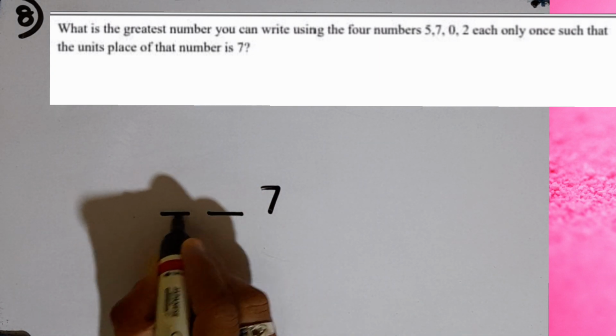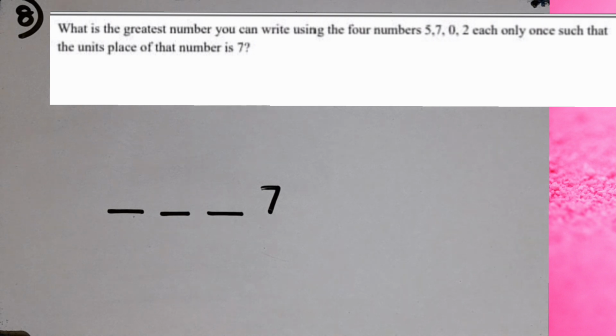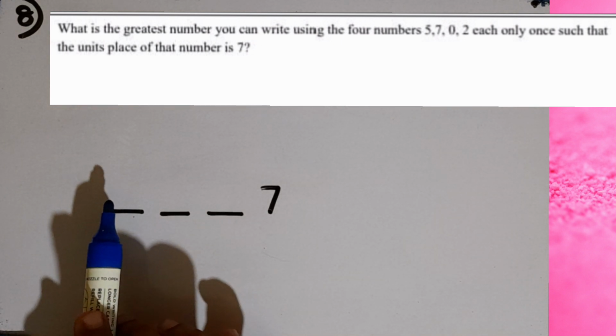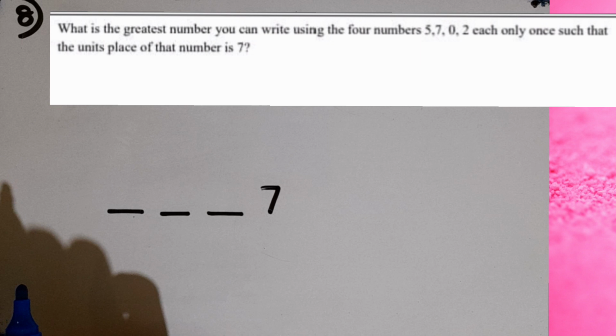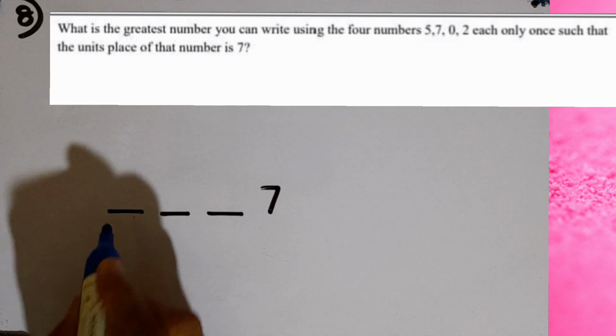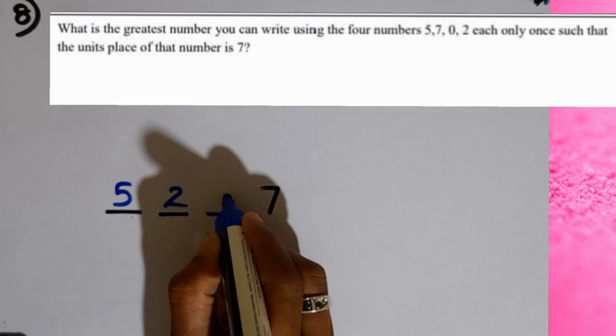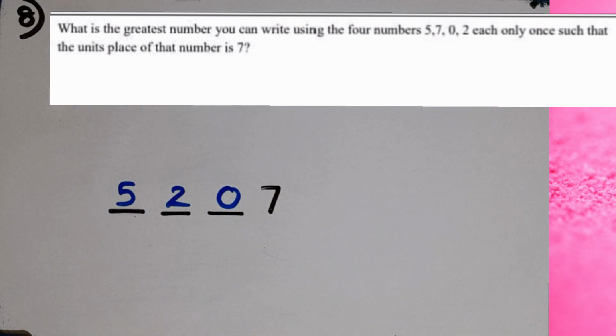So we have to choose the other 3 digits. As this is the maximum number that we can write, the greatest number, we have to choose the highest digit here. What is the highest digit? The greatest digit here is 5. Then the next greatest digit is 2. Then here 0. So this is the highest number that we can write here.